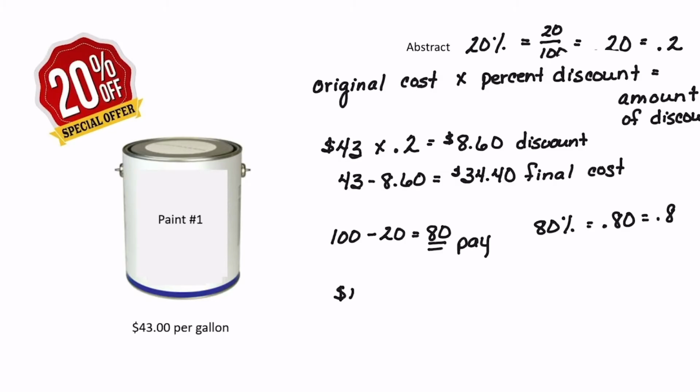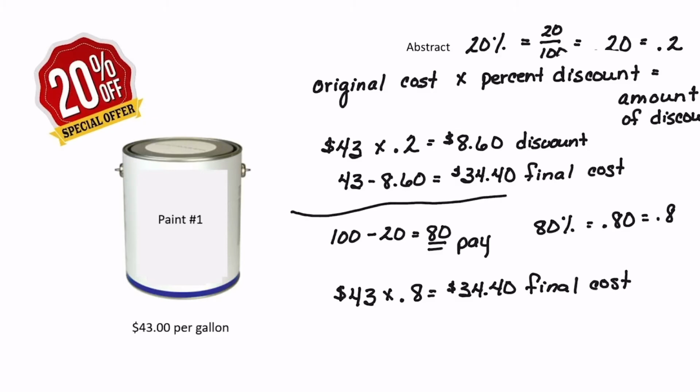So again, I'm going to do 43 times 0.8 equals $34.40. This is my final cost. So 2 different ways to look at it. Do I want my discount, or do I want to multiply times what I actually have to pay?